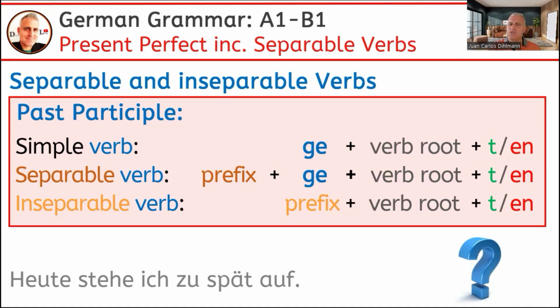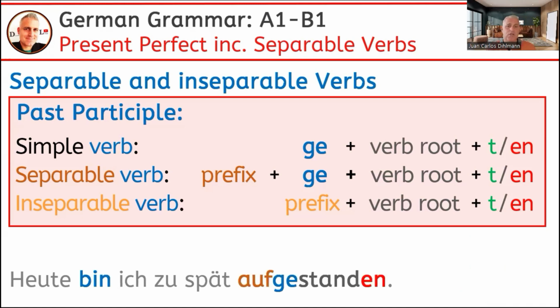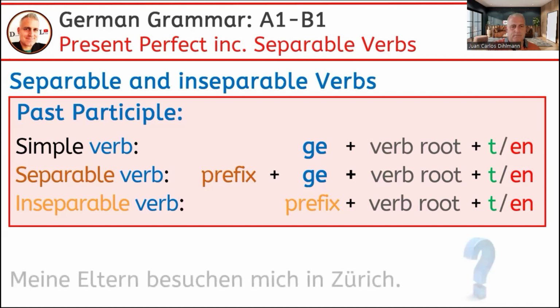Heute stehe ich zu spät auf. In the present perfect, it's heute bin ich zu spät aufgestanden. It's separable, and we use the sein because it's a verb of transition. Next example.